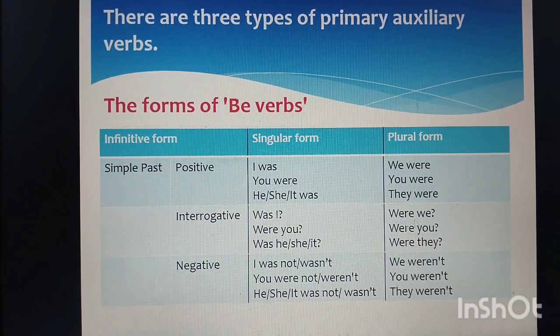In plural, were you, was he, she, it, were they? Like that. You have to make positive, interrogative, negative from the be forms. Are you clear about that? There are be forms: is, am, are, and was, were.